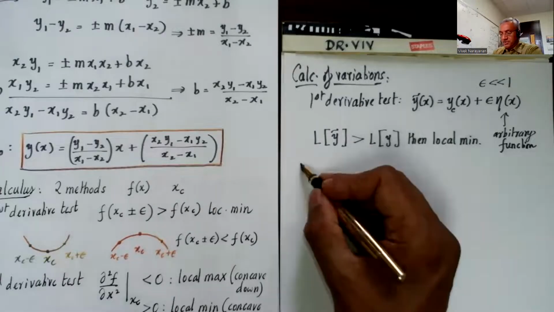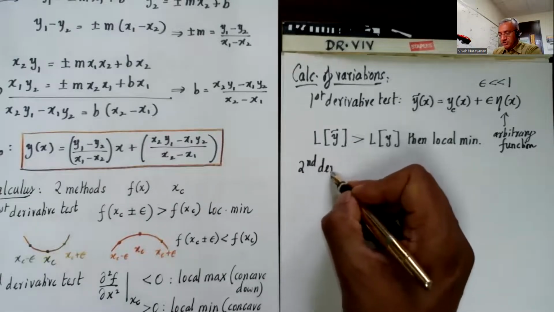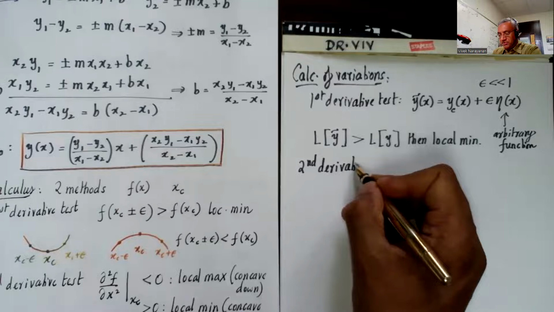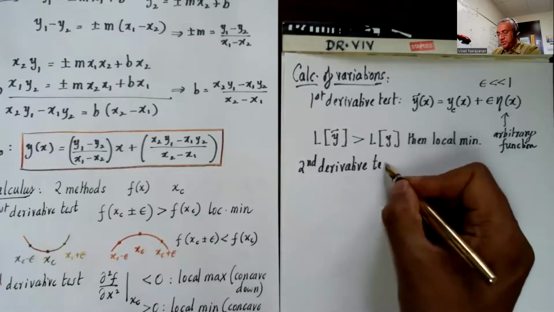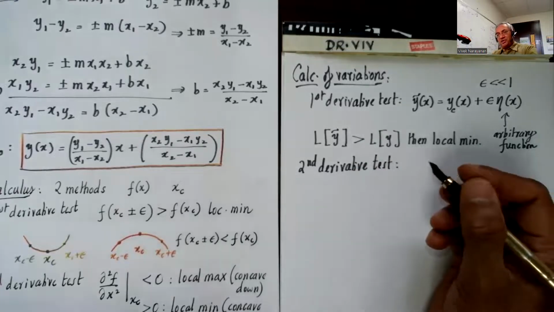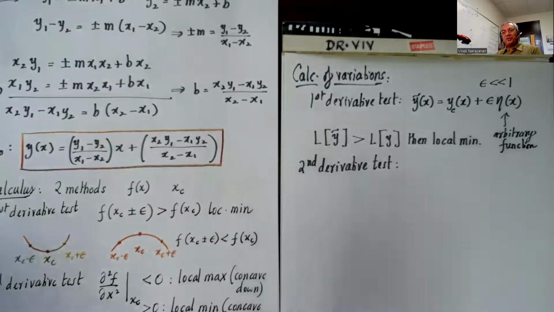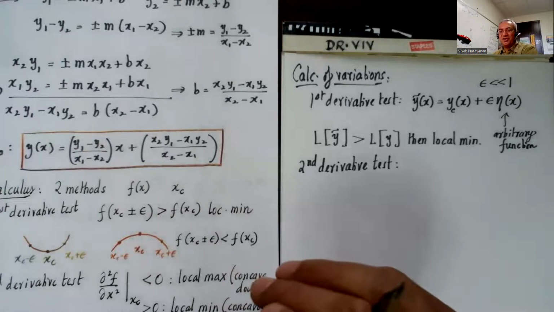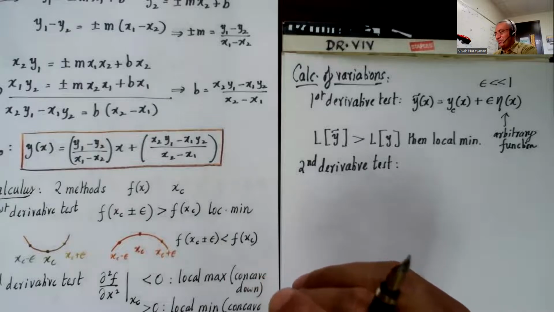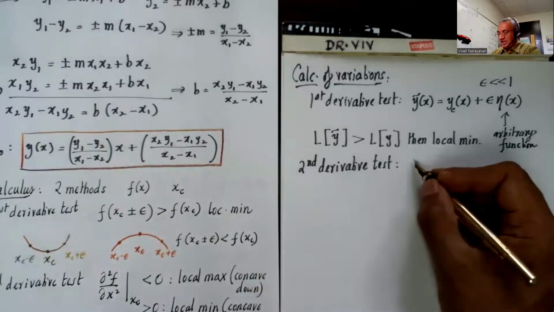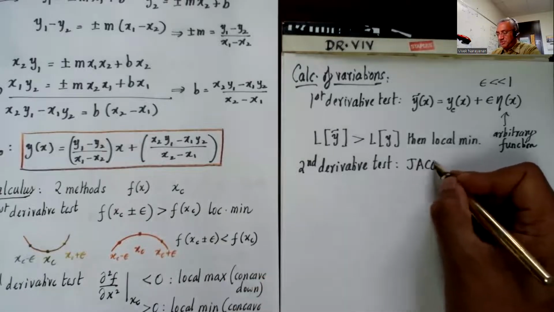Now, what about the second derivative test? What is the analog of the second derivative test in variational calculus? What you're going to do there is, having found the critical curves, you're going to go to nearby critical curves and see which critical curve is the smaller one. So this is a more complicated thing, and it leads to what are called Jacobi fields.